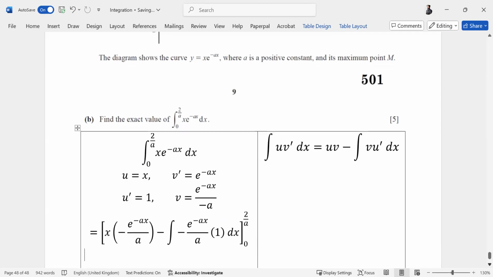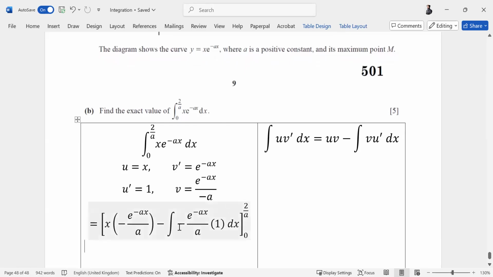Do not forget about that. The thing that is inside the integral still has to be integrated. यहाँ तक clear है? And I have used long brackets for the limits. Why? क्योंकि the limits have to be applied on these parts too. बच्चे क्या करते हैं, इस पे लगाते हैं and they forget that this u and v still has to be in the limits.